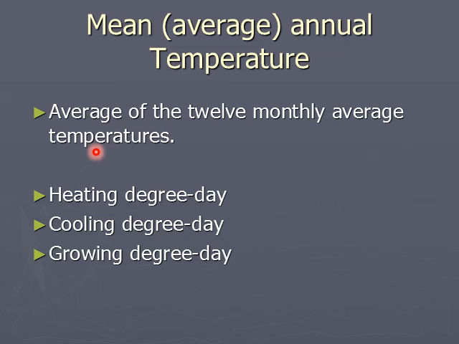You can put them all together and determine how many growing degree days you need to grow a crop, and this would help you determine what part of the planet you would need to grow this crop in. And we'll do an activity in class that helps you determine which crops work best in which areas of the country.